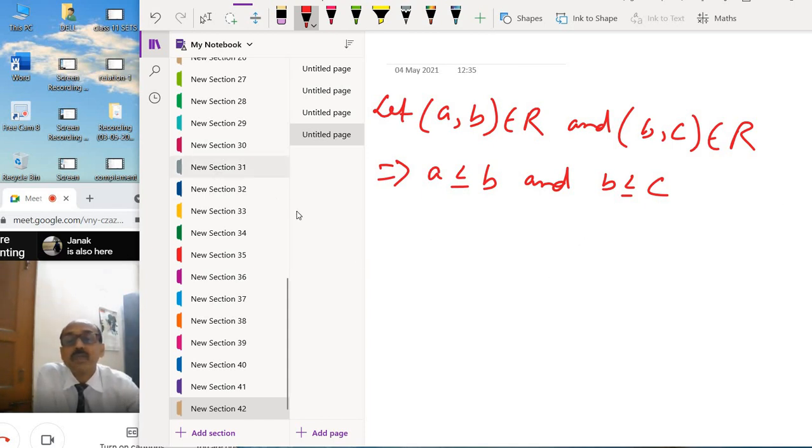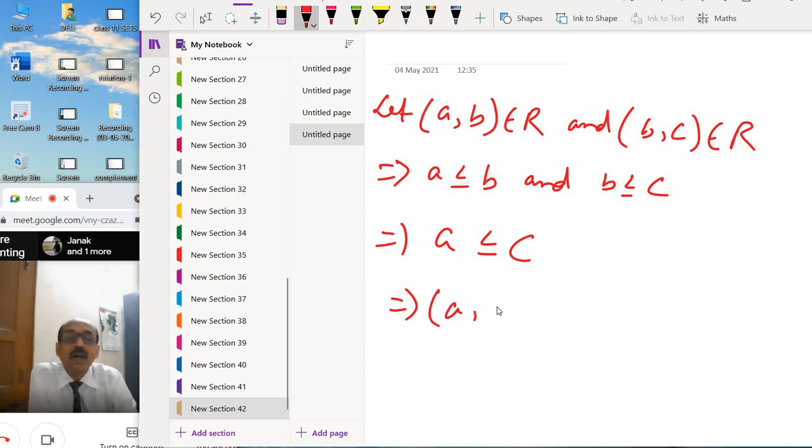This means A is less than or equal to C. Out of A, B, C, A is less than B and B is less than C, so comparing these two, A is less than or equal to C. That implies (A, C) belongs to R. So (A, B) belongs to R and (B, C) belongs to R, then we get (A, C) belongs to R. So R is a transitive relation.